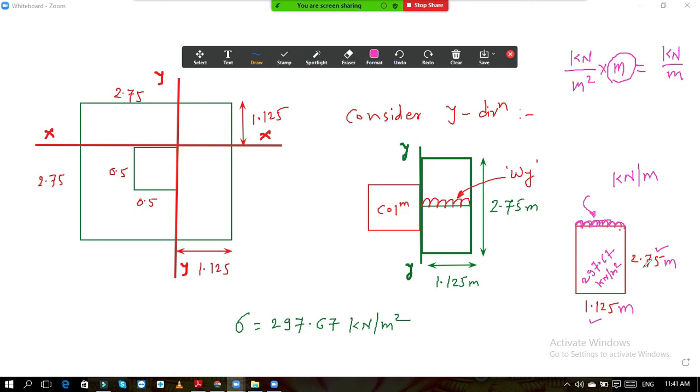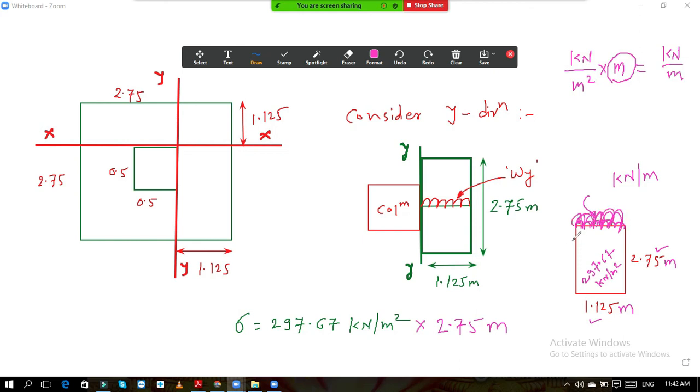So we want UDL on this length, so multiply the stress intensity by the opposite length. The opposite length is 2.75. So if I multiply this by 2.75 meter, then I will get the UDL over here.